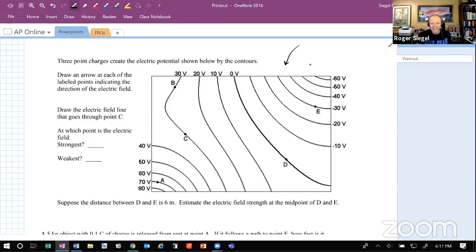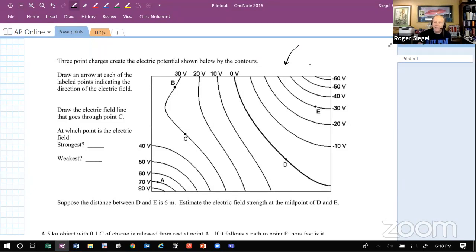If this were not an electrical potential diagram, if it were a gravitational potential diagram, it would tell me the contour of the land. It would tell me where it's steep and where it's gradual.